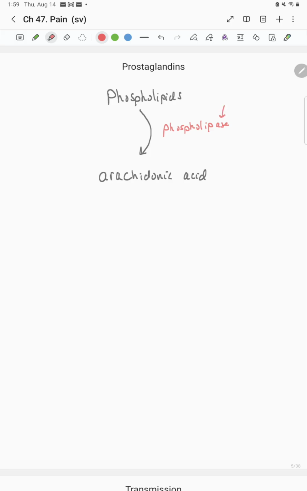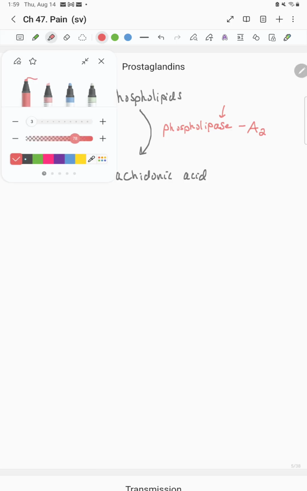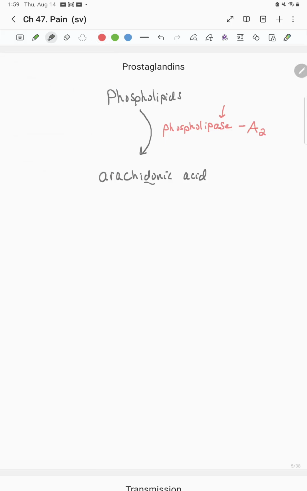Okay, there's the suffix ase, which means enzyme, which means it speeds up a reaction. So in the presence of phospholipase A2, phospholipids are converted into arachidonic acid.